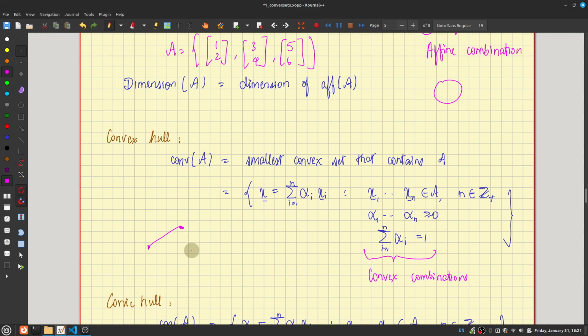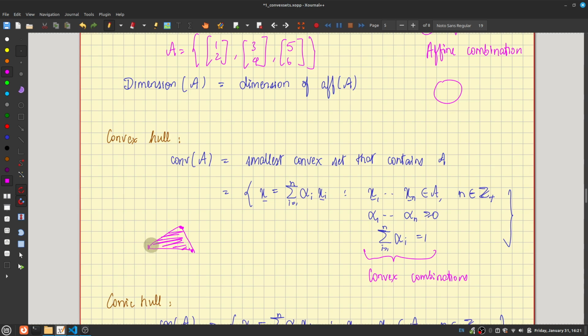And now if I take a third point, what would be the convex hull of these 3 points? A triangle, right? The entire triangular region that is enclosed by these 3 points.